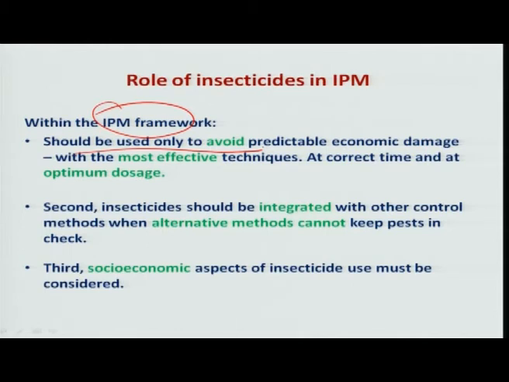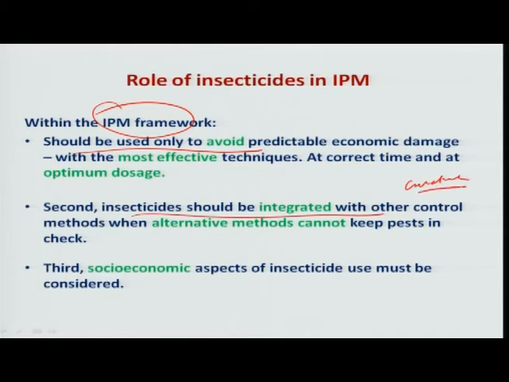Whenever the other control measures are not working, then only we need to go for insecticide application in the IPM strategy. Secondly, these insecticides work as an alternative means, and they are curative in their approach.